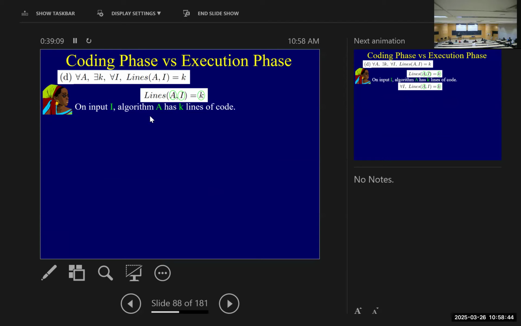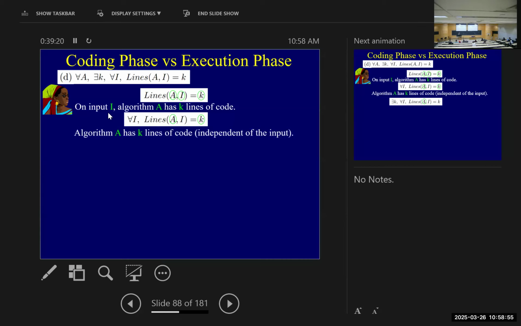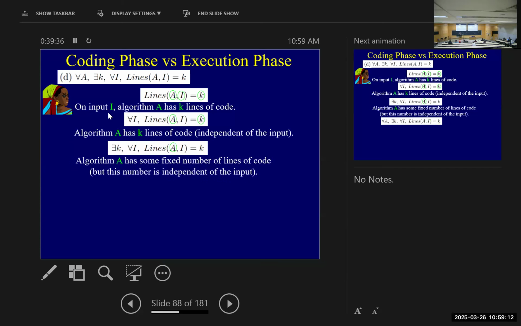We're talking about how many lines of code A has on a given input, right? And then what does this say? Now we're just saying the algorithm versus the K. Now we're just saying algorithm A has K inputs. It doesn't depend on time, right? And now what does this say? Something about the algorithm. What does it say about algorithm A? It says it has some number of lines of code, right?